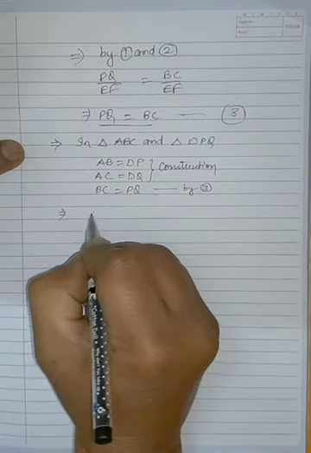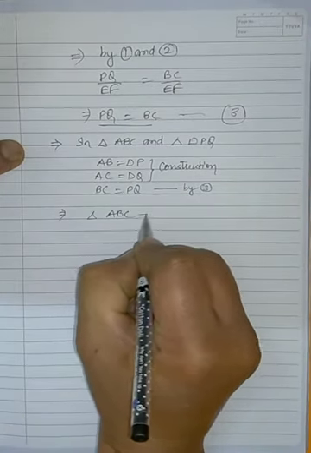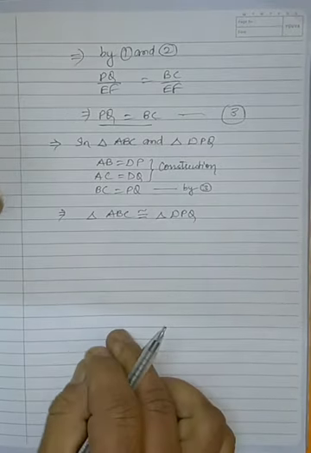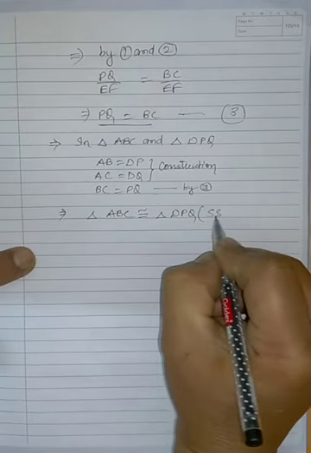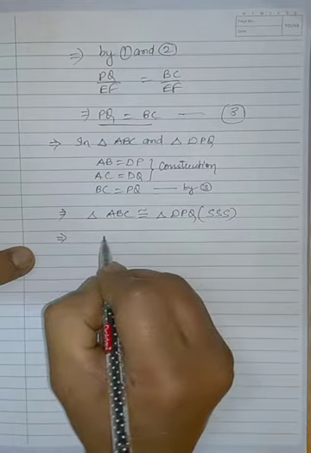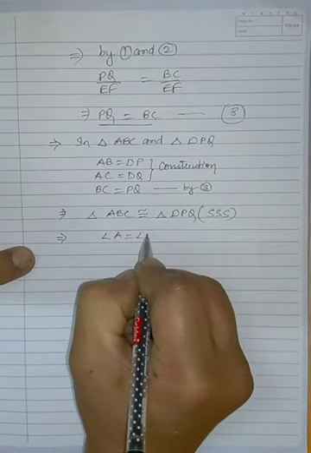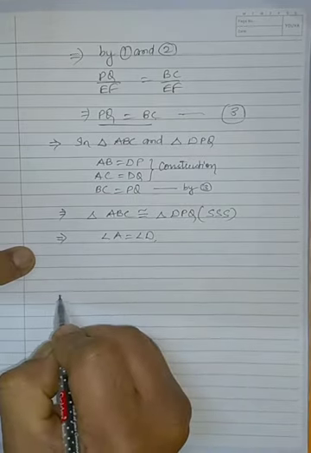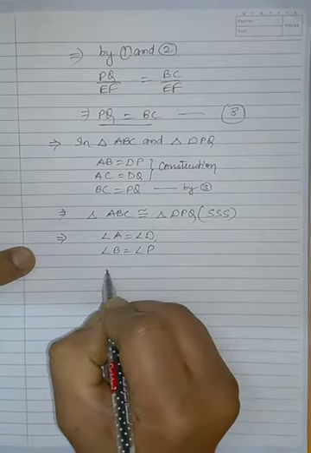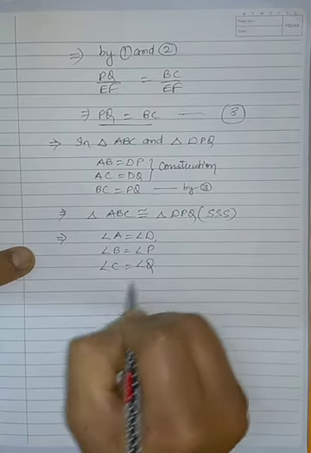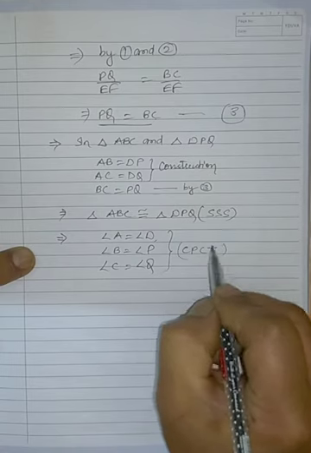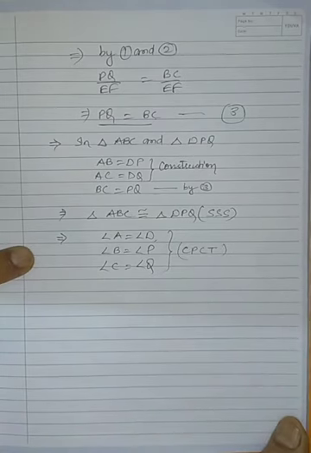That implies triangle ABC is congruent to triangle DPQ by SSS. This implies that angle A is equal to angle D, angle B is equal to angle P, angle C is equal to angle Q by CPCT, corresponding parts of congruent triangles.